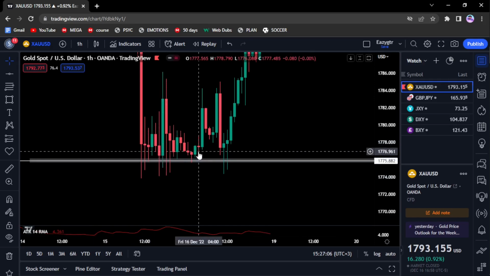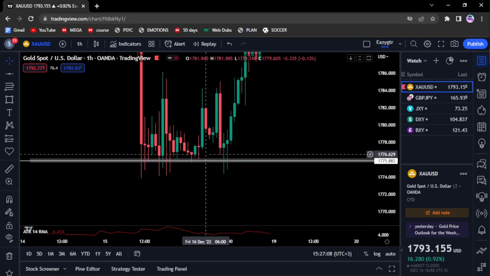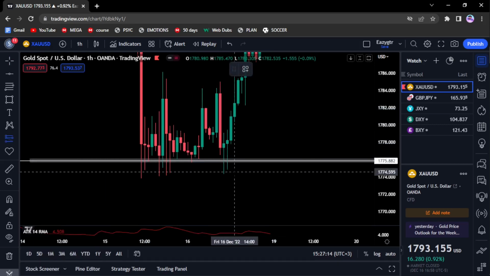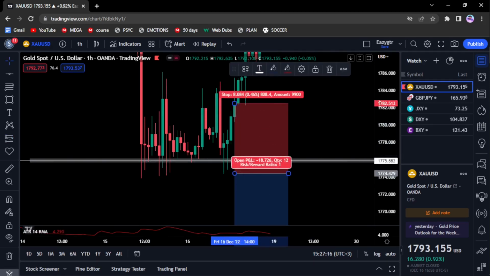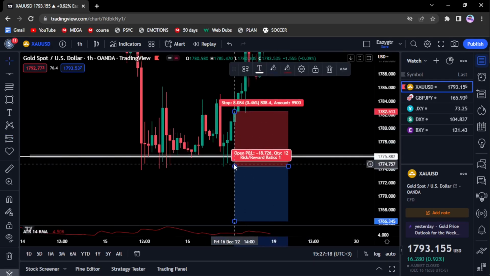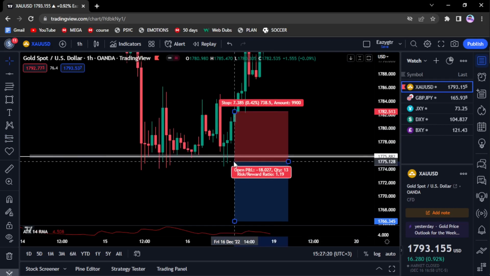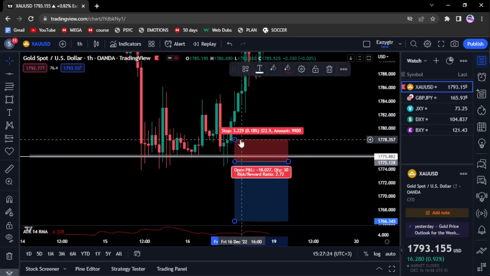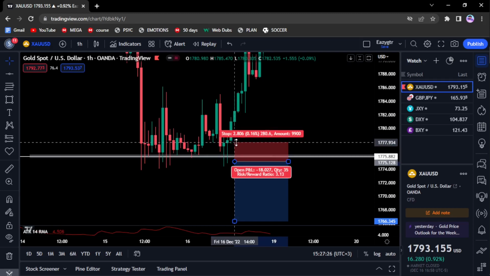So what I do here, if I was to take a trade around here, I'd wait for price to close below this, have my entry at the break of the previous candle low, then my stop loss would be somewhere in the middle around here.